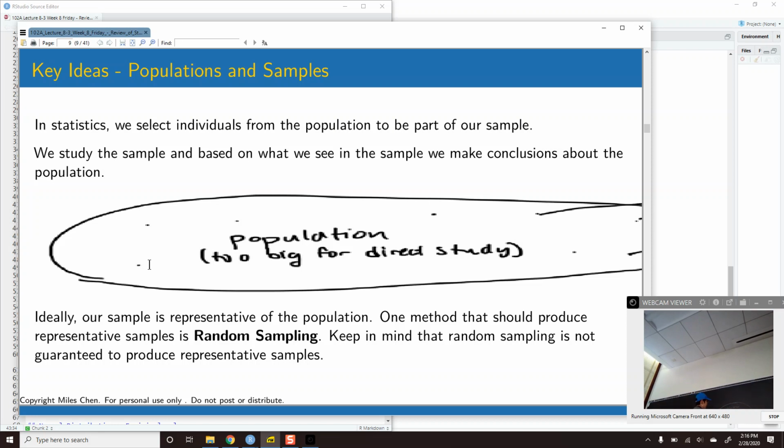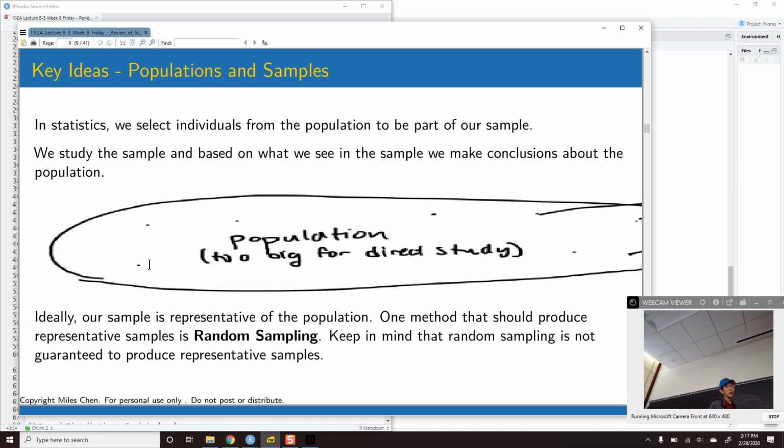This is too big for direct study. Okay, and then what we do is we just select some individuals from the population, okay, wherever these are, right, and these all go into a sample, right? So that's what my picture was supposed to say, all right?